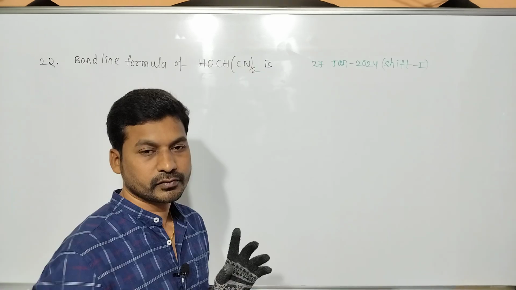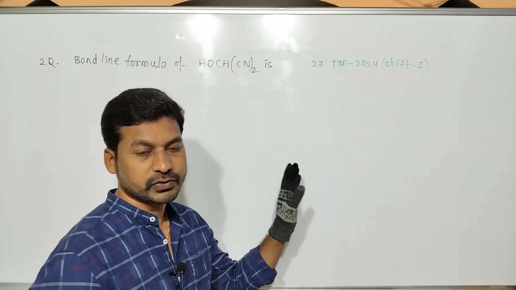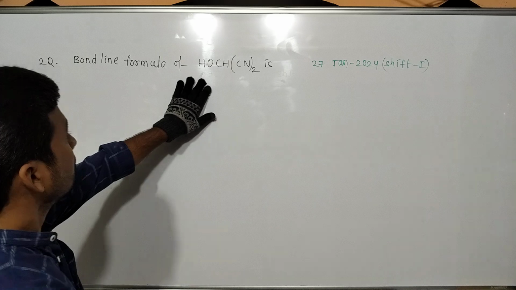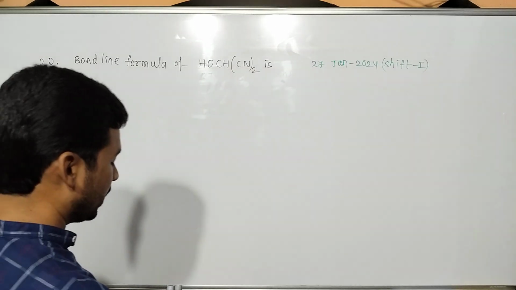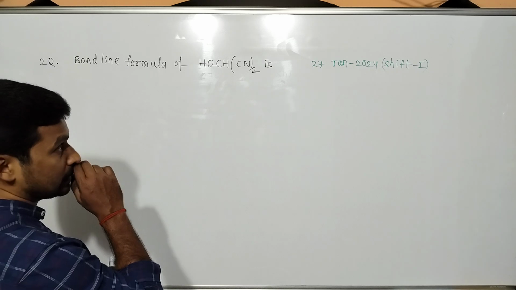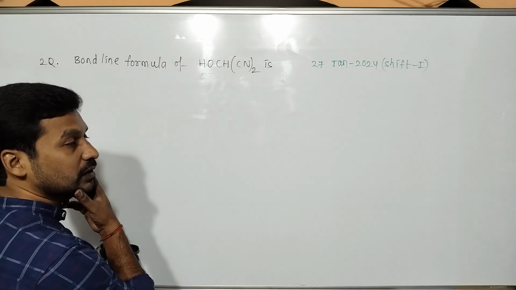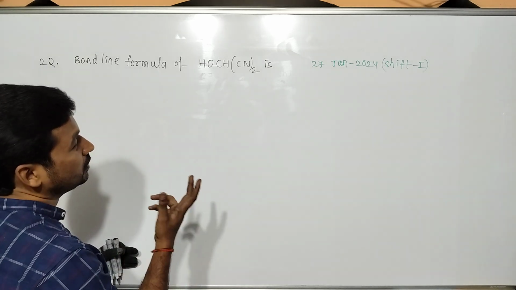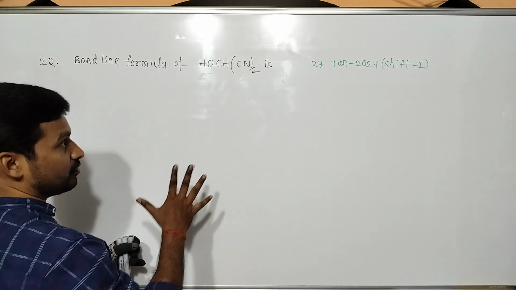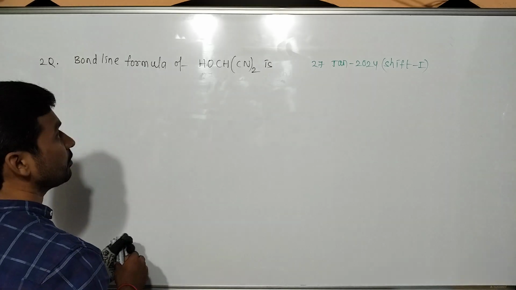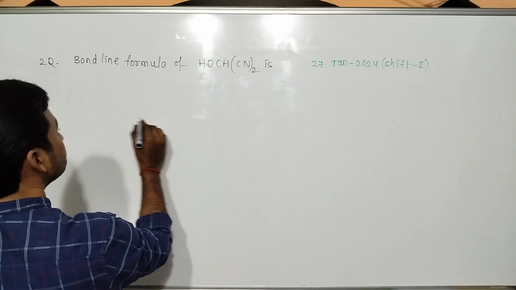Next question. We have to write the bond line formula for this molecule. This is a condensed formula; we have to write the bond line formula. In the question they asked to identify the bond line formula of this molecule. I am not giving options, I am directly writing the bond line formula, the answer.